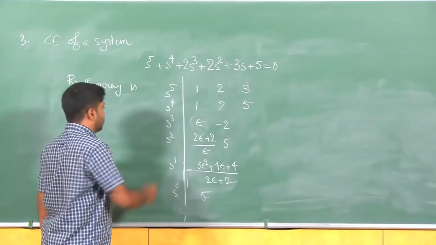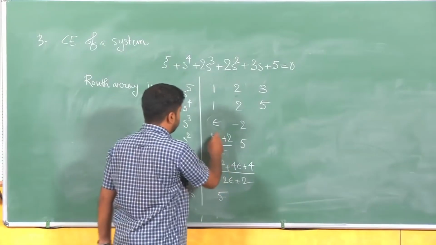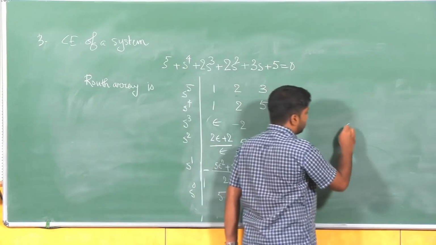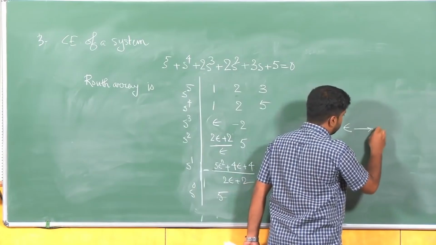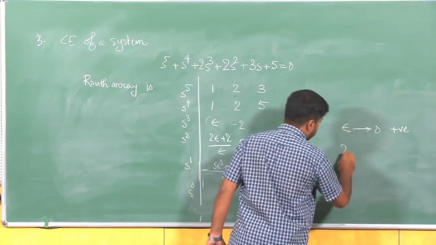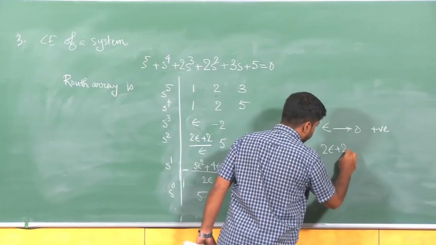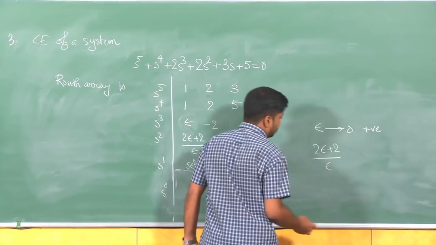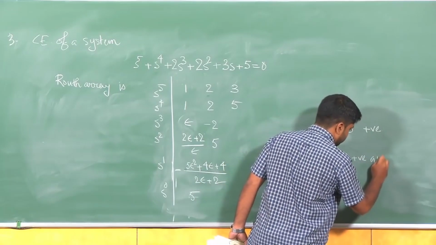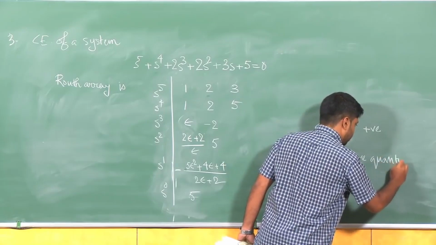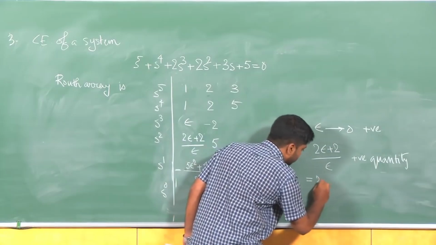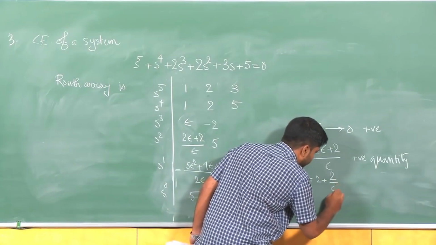Okay. So, what we do now is we consider these terms and check the signs, considering that epsilon is a small positive number tending to 0, but it is positive. Then 2 epsilon plus 2 epsilon, this is a positive quantity, because you can write it as 2 plus 2 epsilon.